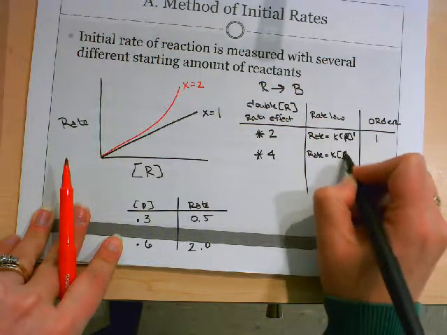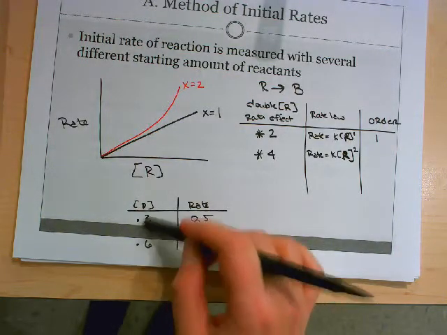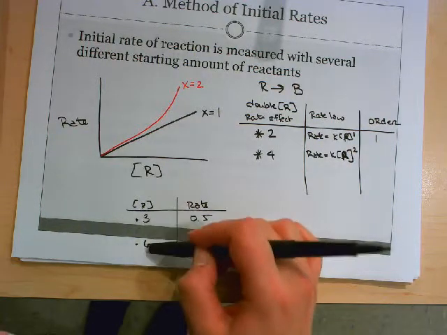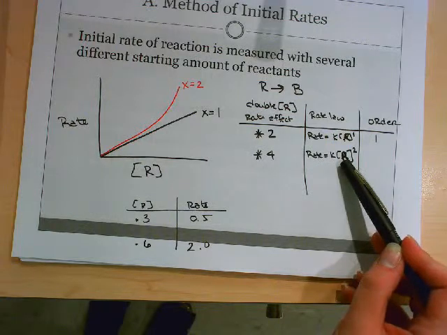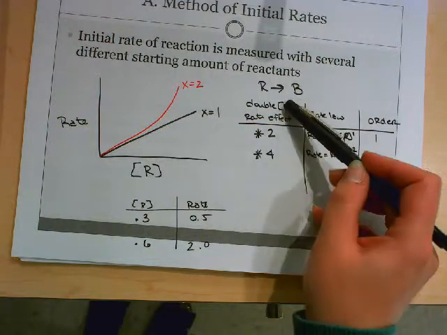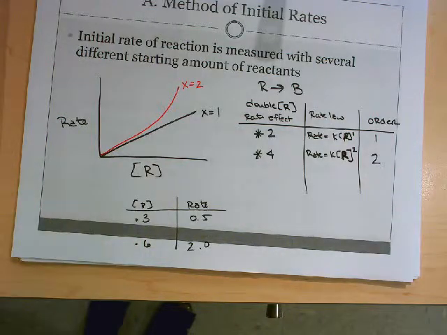It's R squared, because I doubled this and this quadrupled, which means if I square this concentration, we're back to a linear line. Exactly. All you can do experimentally is change concentration and then figure out how the rate changed. So if you double it and you double it, that's a relationship of 1. If I double it and that quadruples, then it's a squared relationship. That's second order.